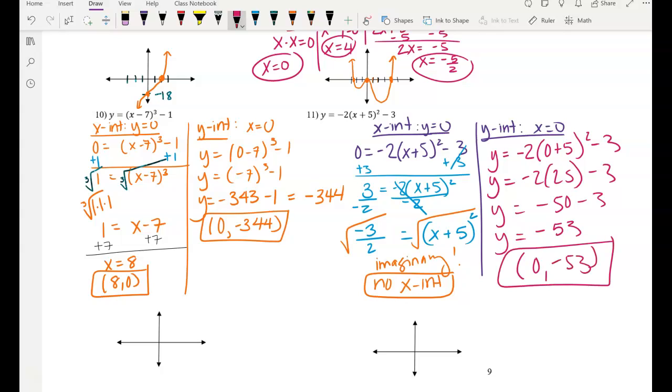X-intercept does not exist. Now let's graph it to see if it touches. We're going to have to graph both. But this one, hopefully, our algebra is correct. If our algebra is correct, Desmos should show that it doesn't ever touch the x-axis. Okay. Remember, you can always hit the wrench to move manually the x-axis and y-axis.